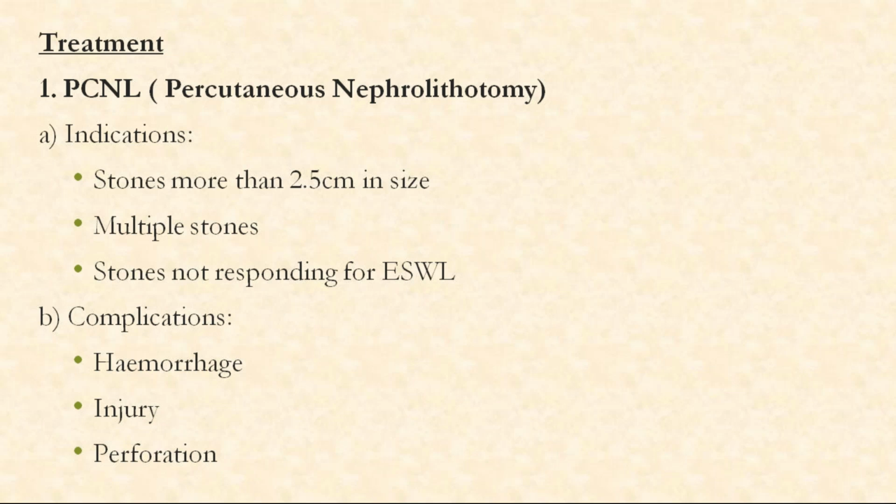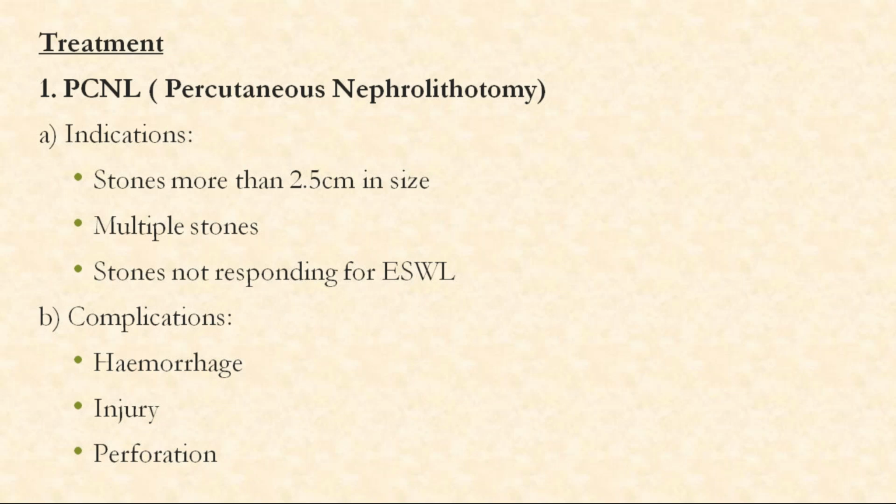So what are the indications for doing PCNL? One is stone size. If the stone size is 2.5 centimeters, you should go ahead with the PCNL procedure. If multiple stones are there, you can also do PCNL.